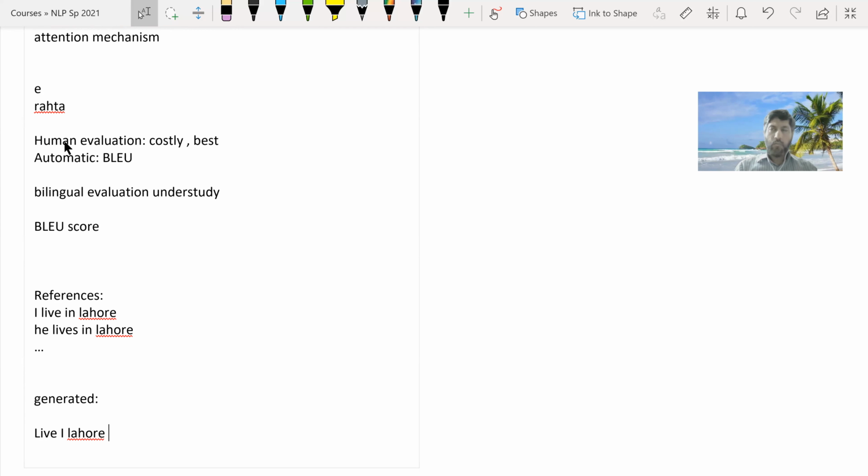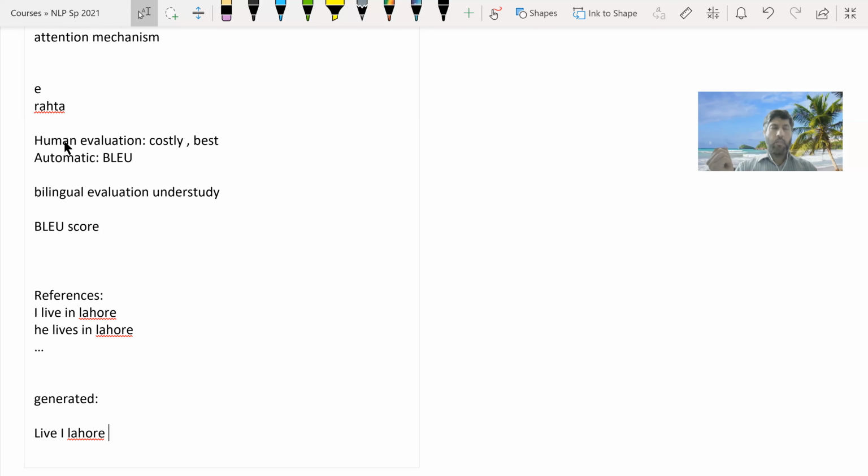Now we want to determine how correct this generated sentence is given the references that we have. References could be one or more, and they are correct generations or translations. By the way, this approach is used wherever you have language generation. You can also use it for paraphrase generation. You can also use it for summarization, although for summarization there is another measure called Rouge, which we'll also talk about, very similar to this.